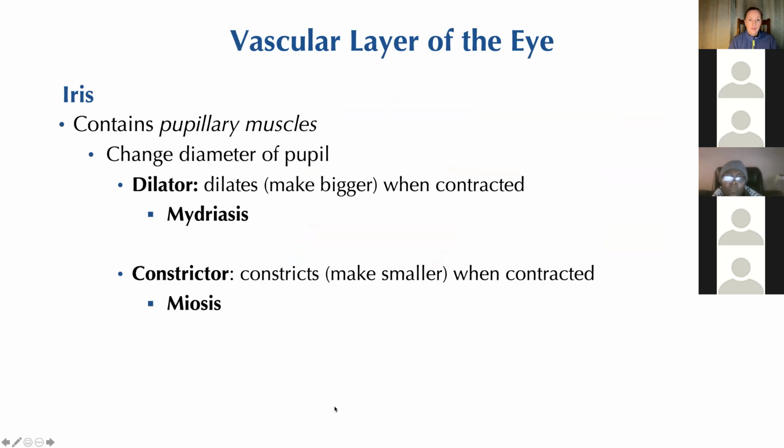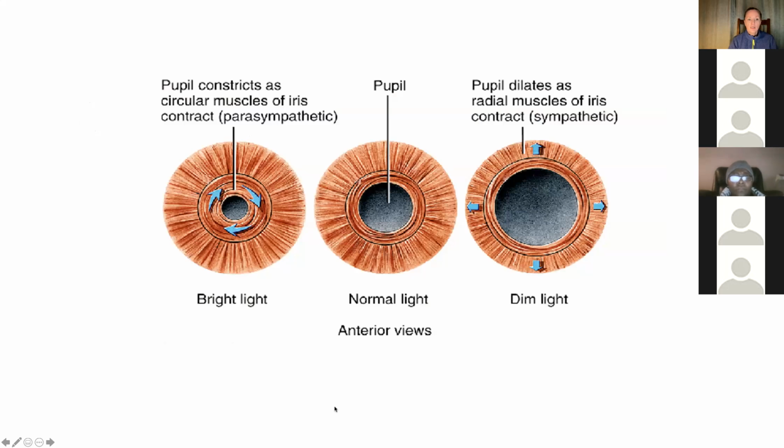All right. So here you see bright light, pupillary muscles are circular and they constrict, okay, reducing the sphincter size. Here's normal light. And here we would see in dim light, the constrictor opens up to let more light coming into the eye. We always are trying to control or coordinate what's going on with our ANS, with our muscles.